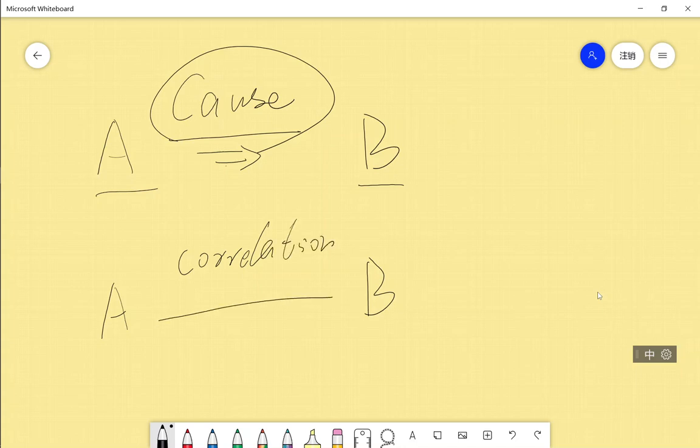So it will be just connected with each other, not necessarily A causes B or B causes A. We don't know. We just see that there is correlation between A and B. So that is another way to express this. These two are totally different.